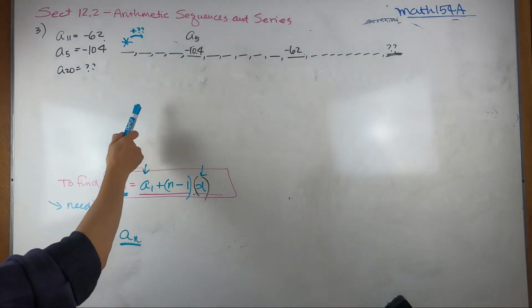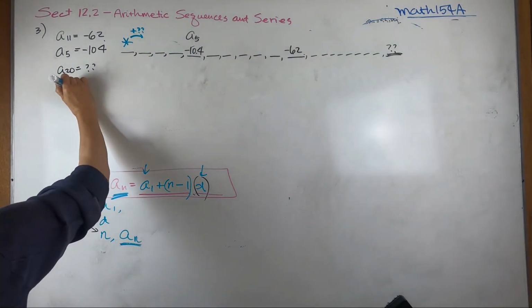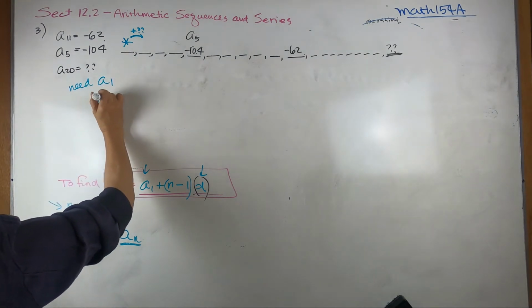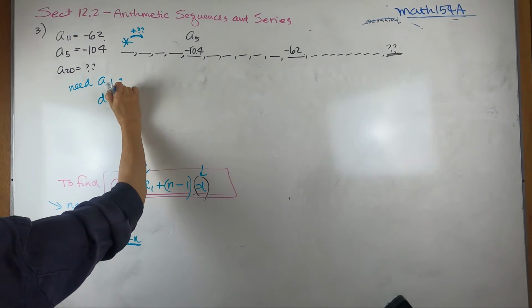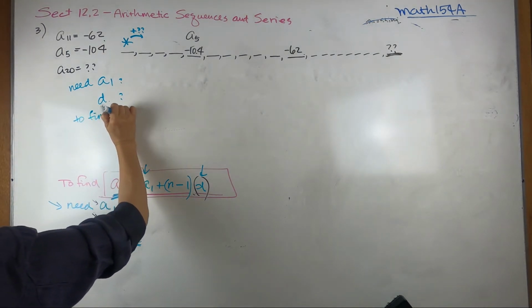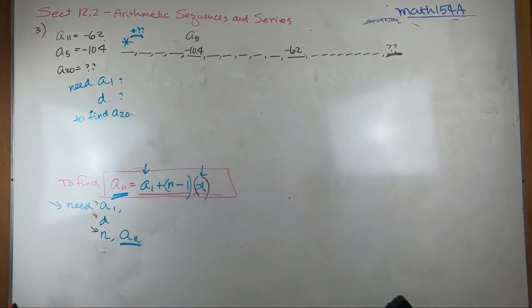So we need A1, we need a D before we can find A20, right? Without that, we cannot do it. How are we going to find the A1 and D?